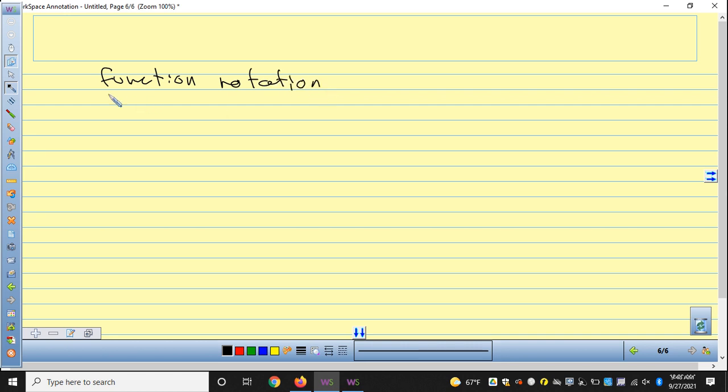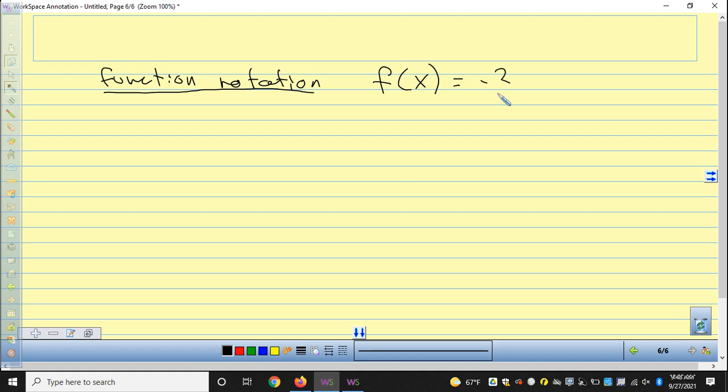Now, a lot of times students find function notation confusing because we write f of x equals, and I'm going to write the equation of a line, 3x plus 1. So we read this f of x. All this is telling us is that this is the same as saying y equals 3x plus 1. These two mean the same thing.